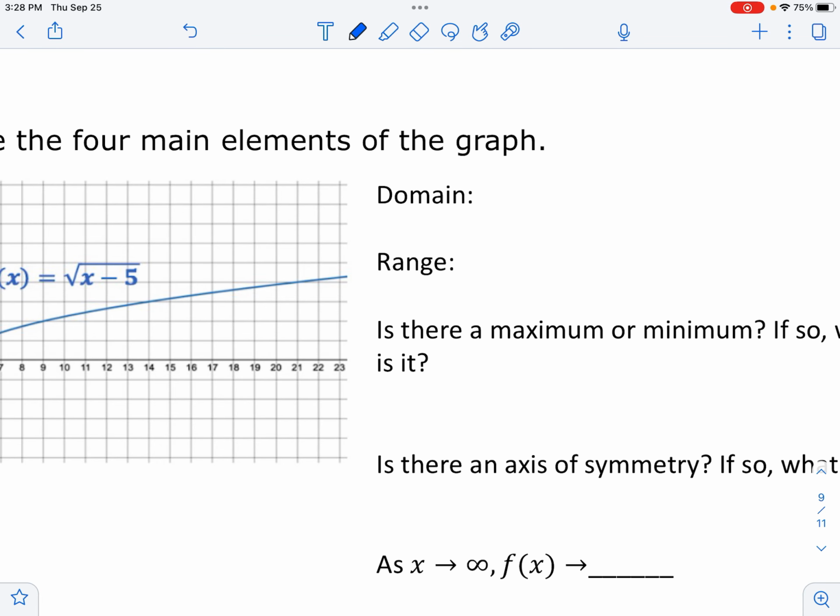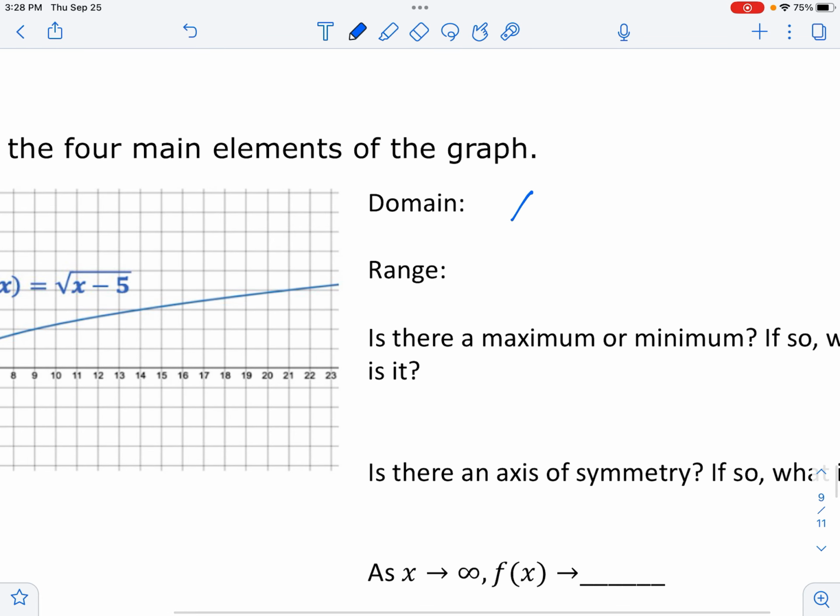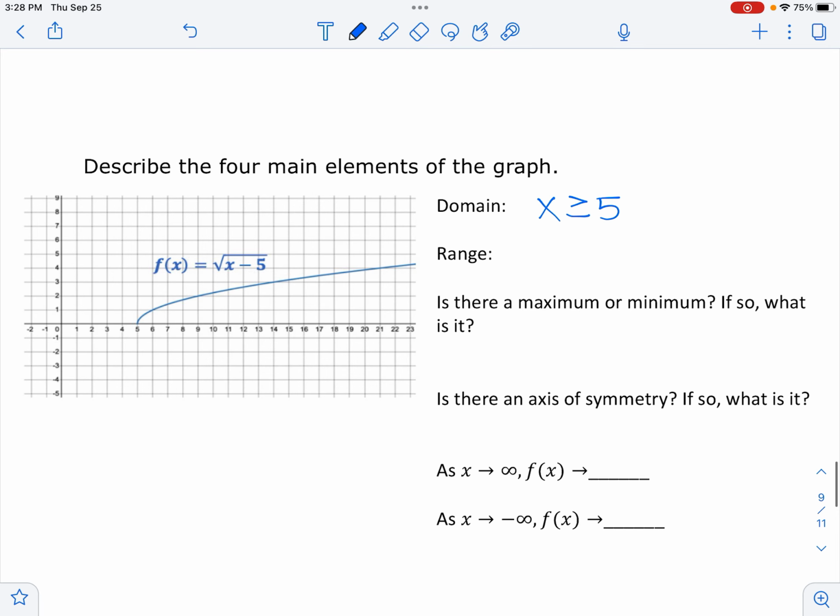So I'm going to say x has to be greater than or equal to 5. Or you might say the set of x such that x is greater than or equal to 5. This is just another way to write that.